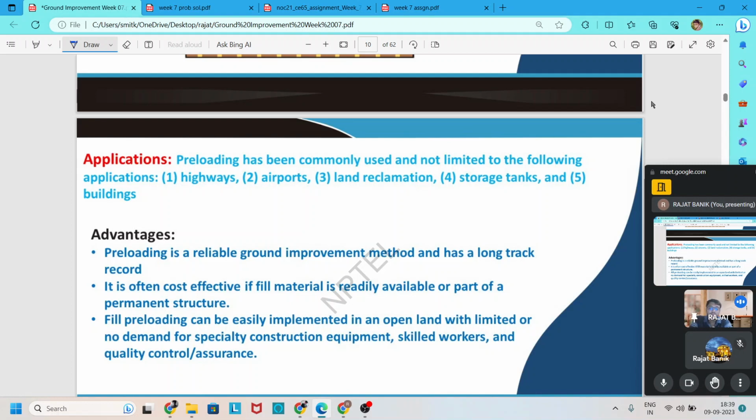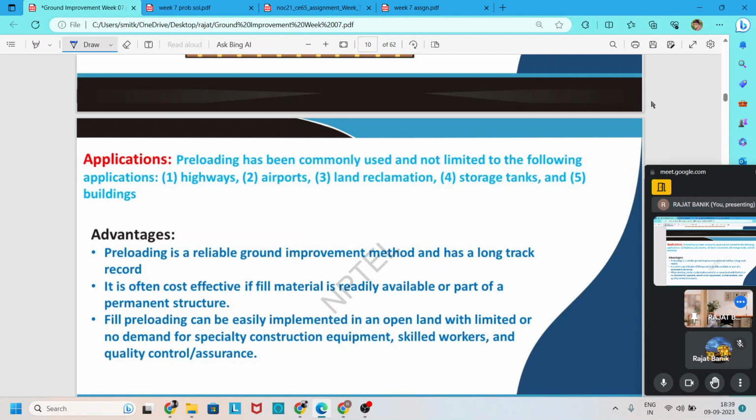It is often cost effective if the fill material is readily available or a part of a permanent structure. Field preloading can be easily implemented on an open site with limited or no demand for specialty construction equipment, skilled workers, and quality assurance.